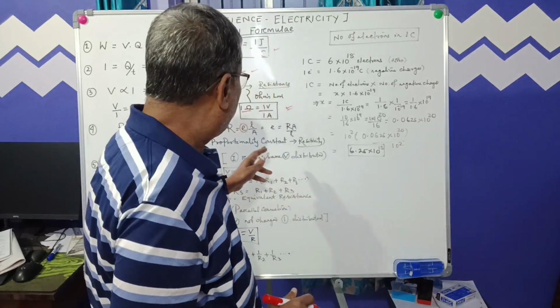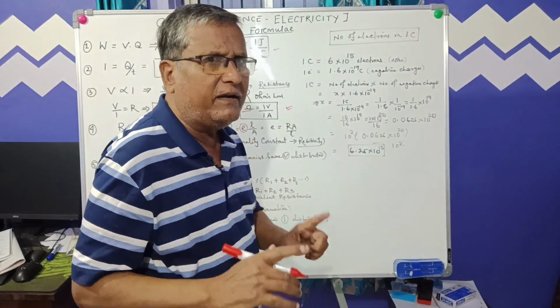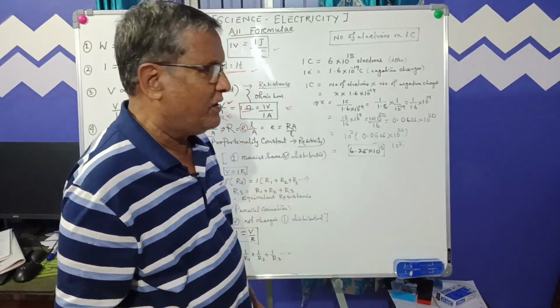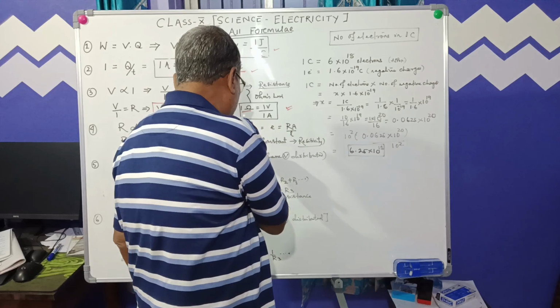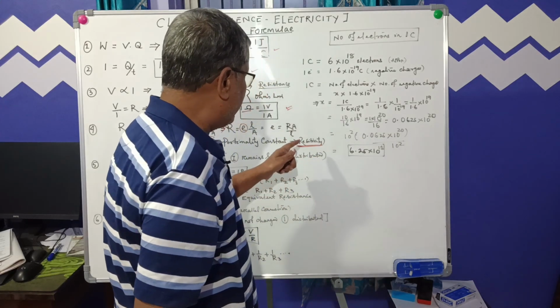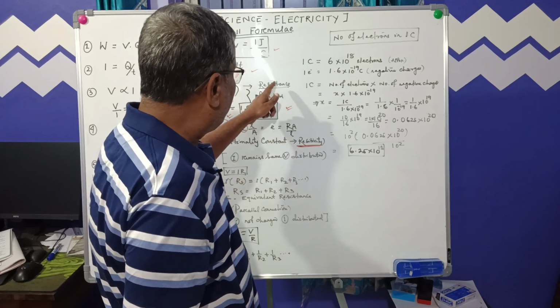It is called proportionality constant and it depends upon two factors, length and area of cross section. So rho, the proportionality constant, is called resistivity. Here it is called resistivity and here it is called resistance.